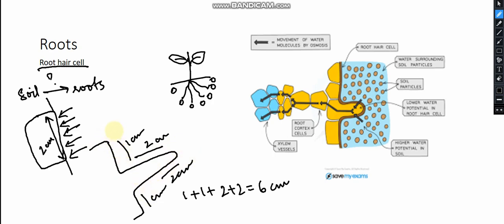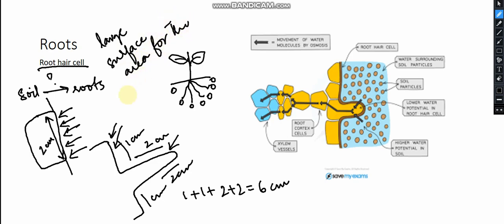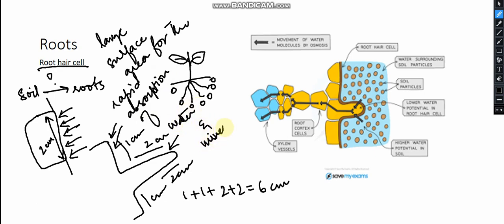The area that is exposed to soil is greater than this area. So this elongation, this projection, this root hair cell is basically giving us a large surface area for the rapid absorption of water and minerals.